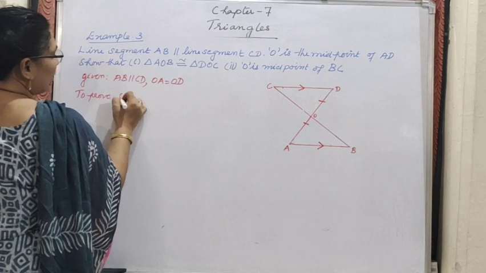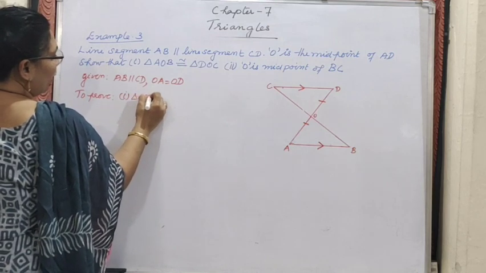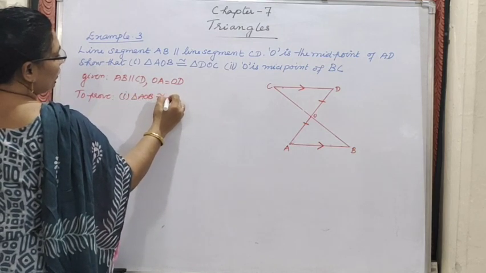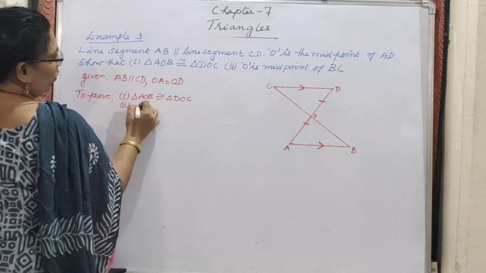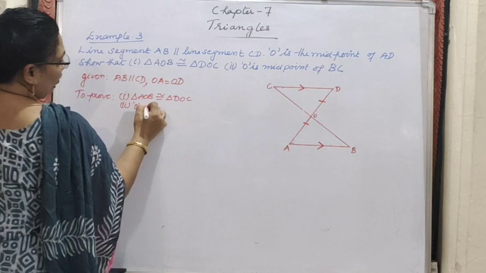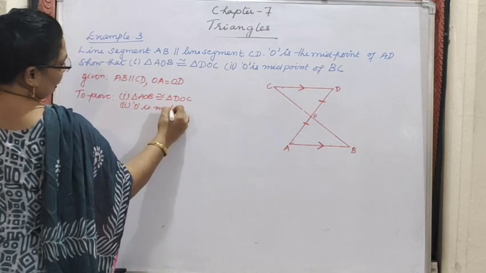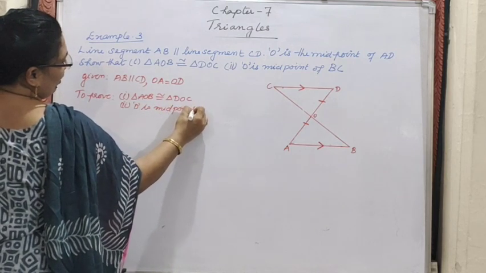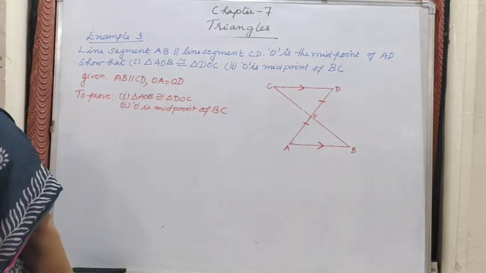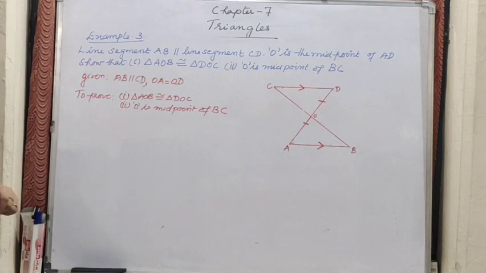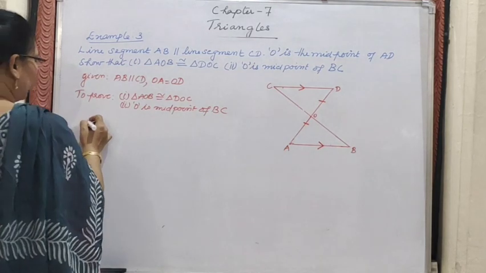Two cases are there. We have to prove triangle AOB congruent to triangle DOC, and the second one, O is the midpoint of BC. So we have written given and to prove. We have to learn from this question what is to be given and what is to be proved. The next step is the proof.